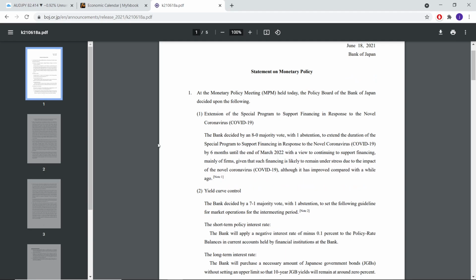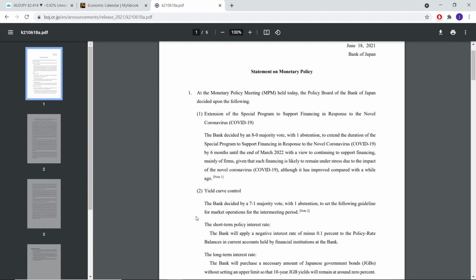All right, so if we take a quick overview of what we can see here, the extension of a special program to support financing in response to novel coronavirus. So there was an extension to support the economy, right? The bank decided by an 8-0 majority vote with one abstention to extend the duration of the special program to support financing in response to novel coronavirus.